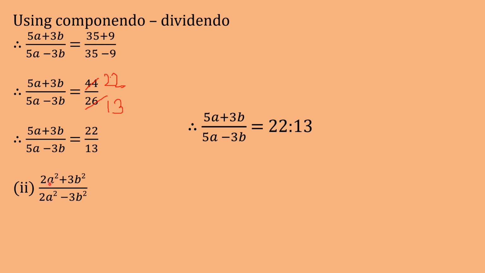Now can you see, in our question we have a upon b given. The value of a upon b is given, and here we have 2a square plus 3b square, meaning a is with a square term and b is also with a square term. So first let's write down what is given. Solution: a upon b is equal to 7 upon 3.